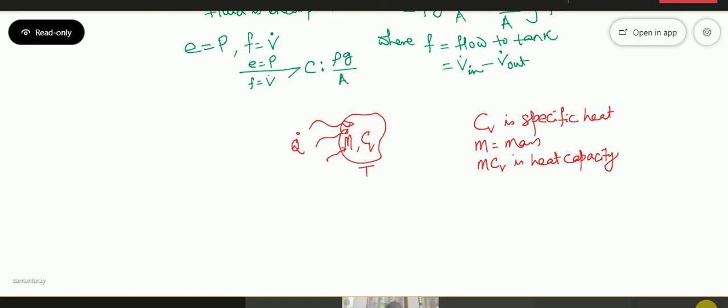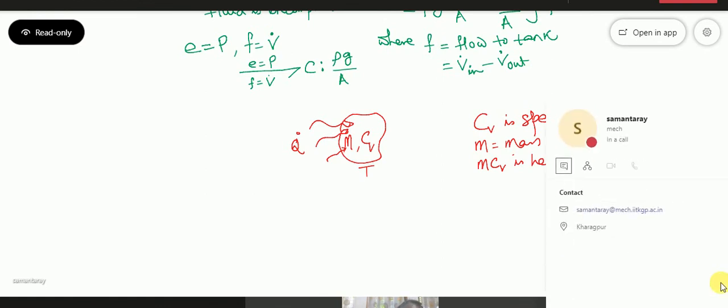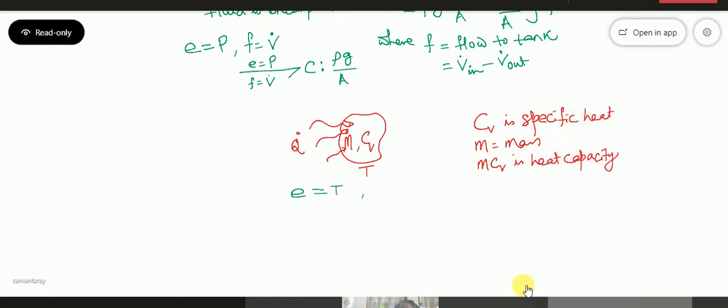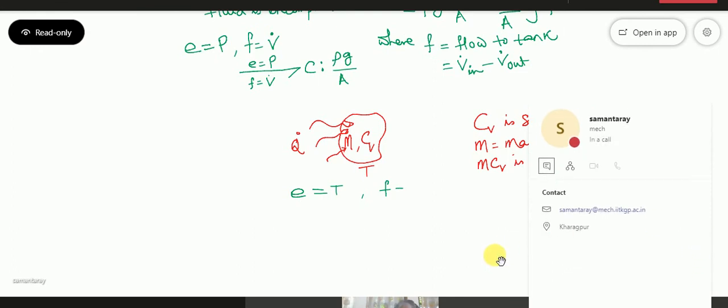So we will try to model it. We are not going to use the variable Q dot. We will use the variables which give power. So what are they? For us, effort is temperature and flow is S dot, that is entropy flow rate.